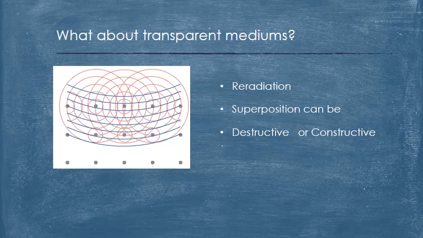And if you have constructive, they would add up to be bigger than the individual displacements of themselves. And so in a transparent medium, the re-radiation is always constructive. That's why you can see through transparent material.